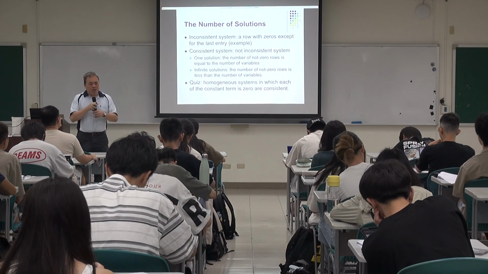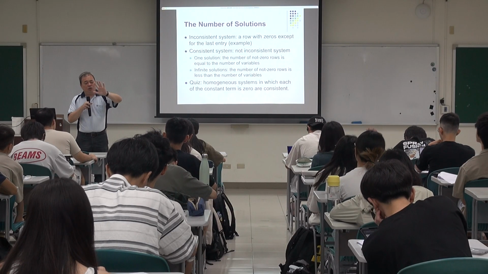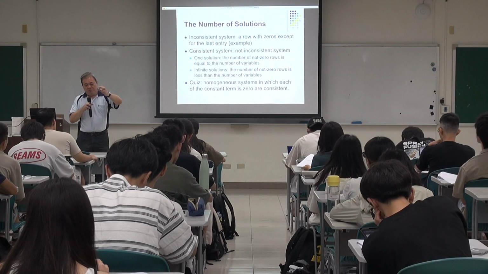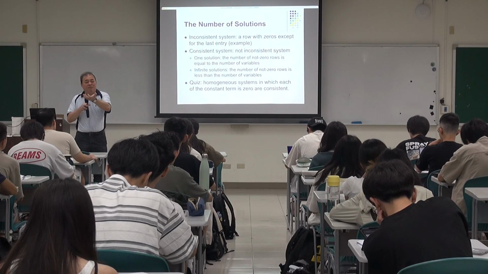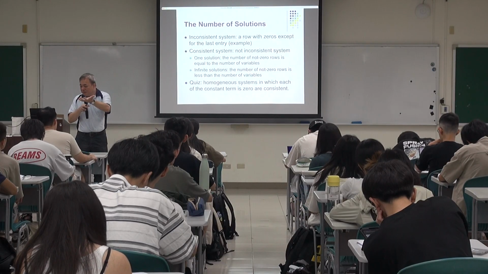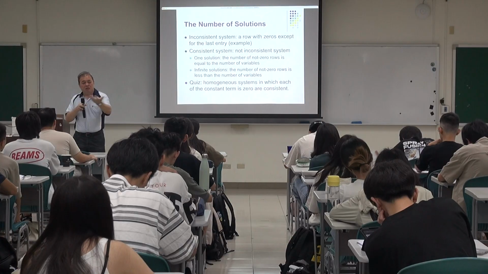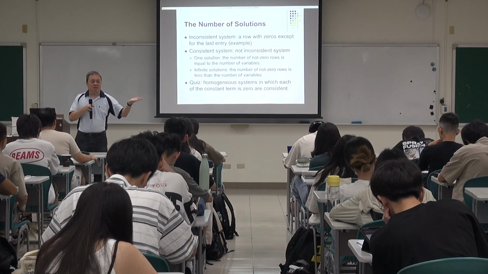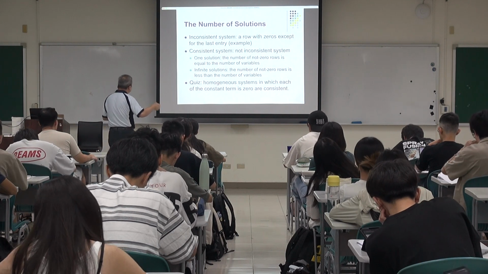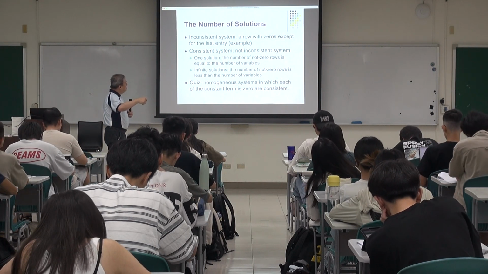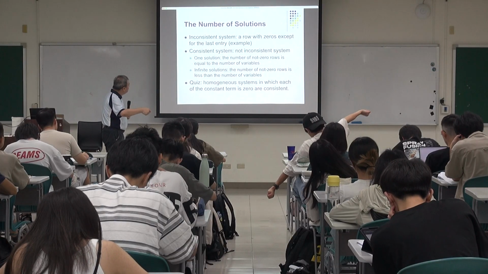So in other words, all the xi, their coefficients are zero, but on the right-hand side, the constant is non-zero. It's impossible, right? The left is zero, the right is not zero? It's obviously impossible. So if you encounter such a situation, this system is going to be inconsistent.